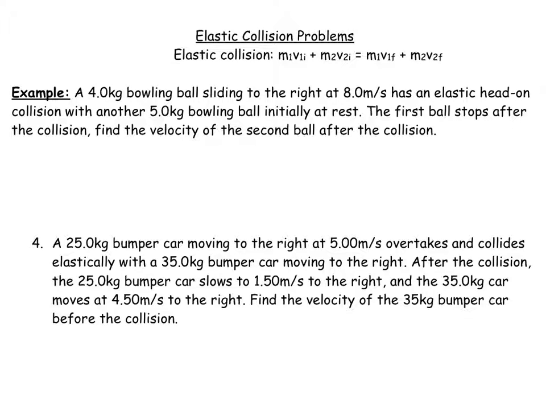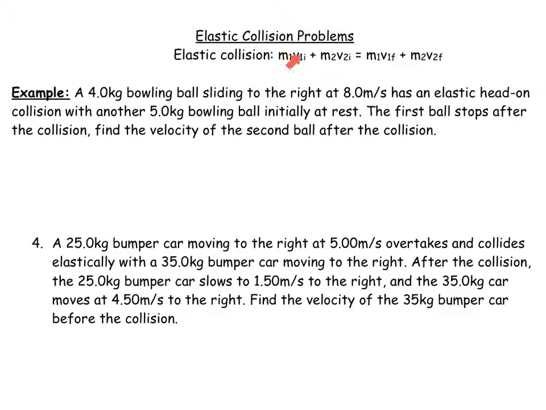All right, today I'm going to do a couple examples. One, I'm going to do an elastic collision example, and then I will do an inelastic collision example for you using the box method. Now, I've already showed y'all the equation here for elastic collisions. You're multiplying the masses and velocities of each object before the collision, and then the masses and velocities after the collision, and you're comparing their overall momentum.